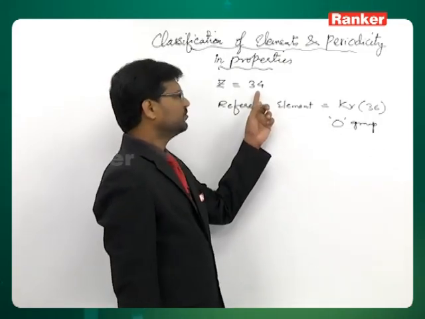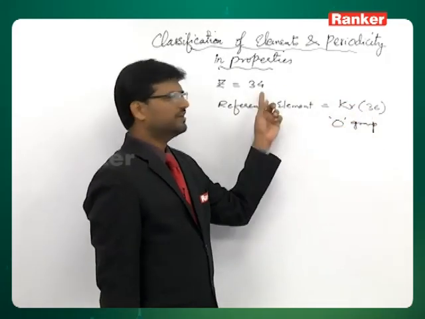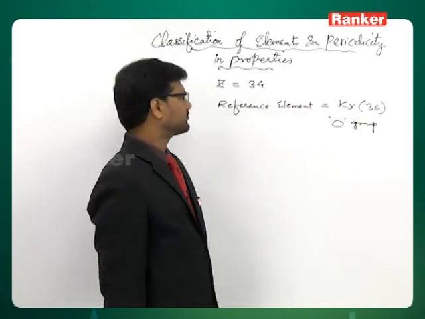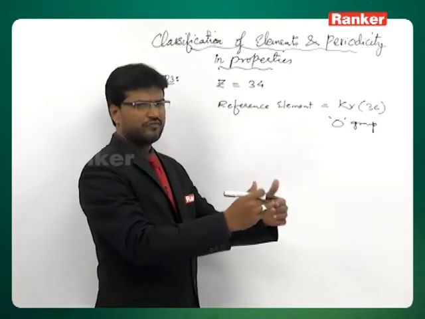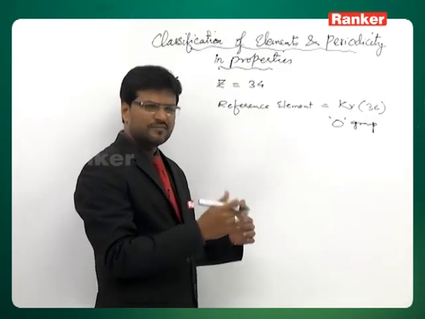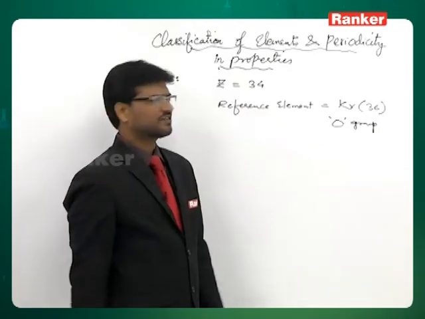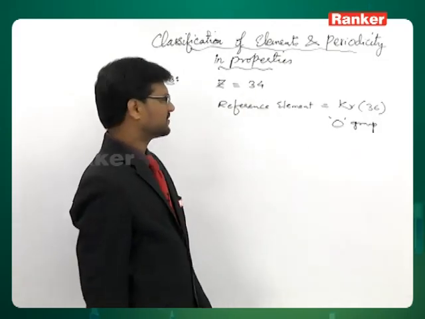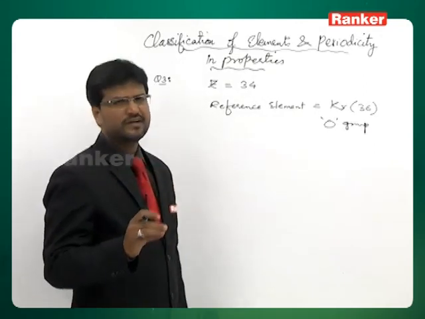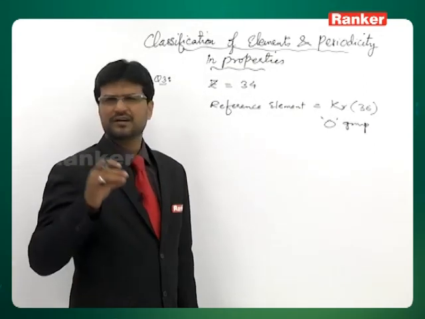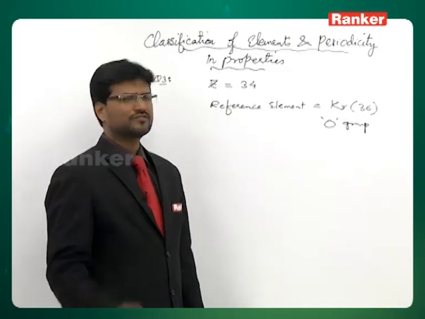This is 2 units short of krypton. So, just before krypton is 7A group, and before that you have 6th group. So, this element belongs to 6th group. And remember, helium is a member of the first period, neon is the second period, argon is the third period, krypton is the fourth period.